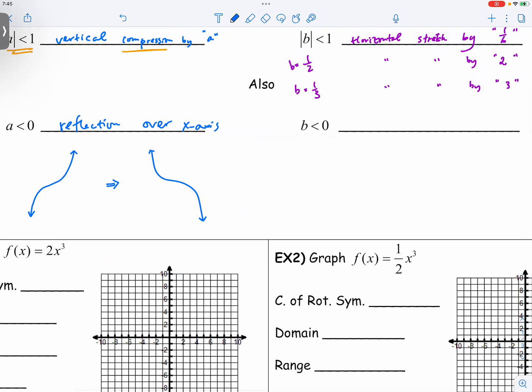If B is negative, then it is a reflection over the y-axis because it's a horizontal kind of reflection. So a graph that was originally like this would now become like this.